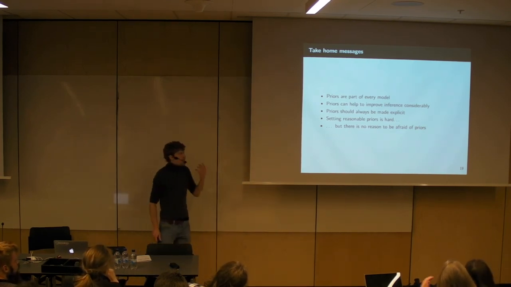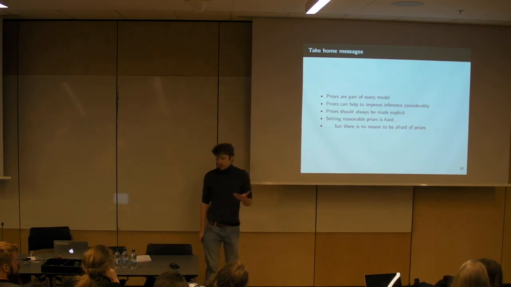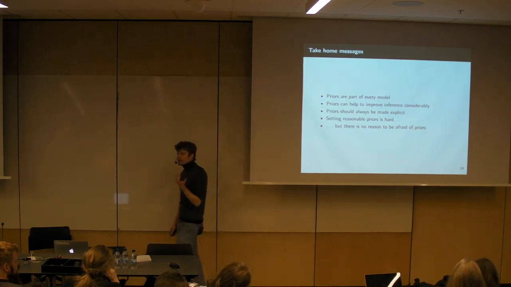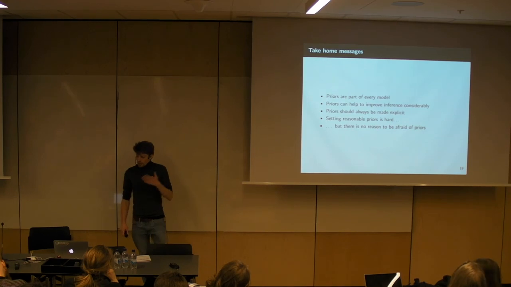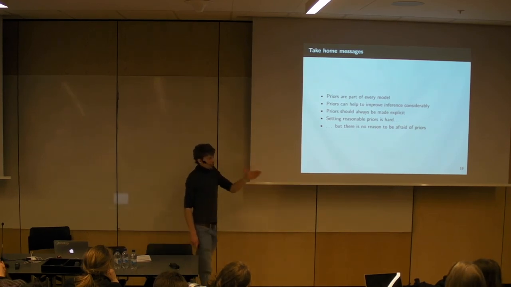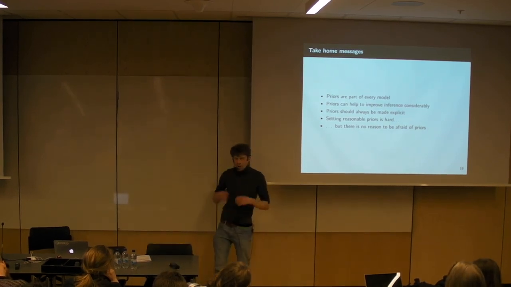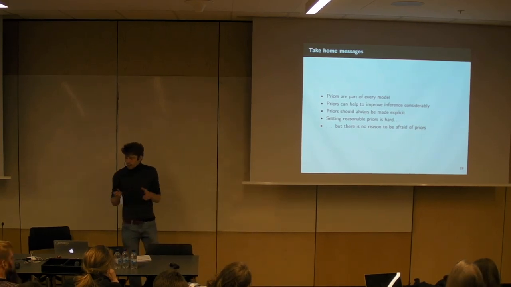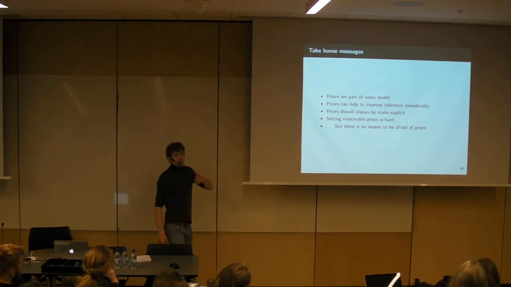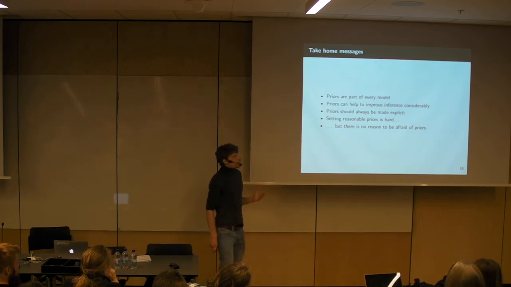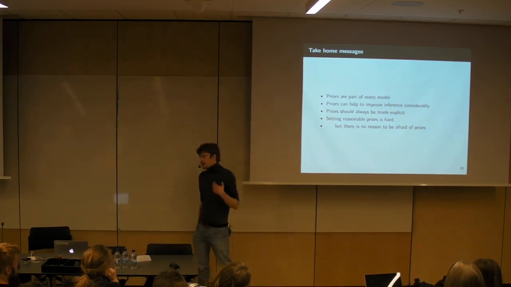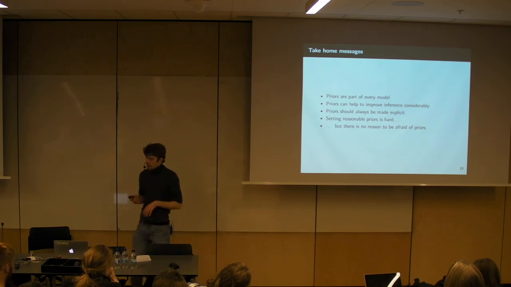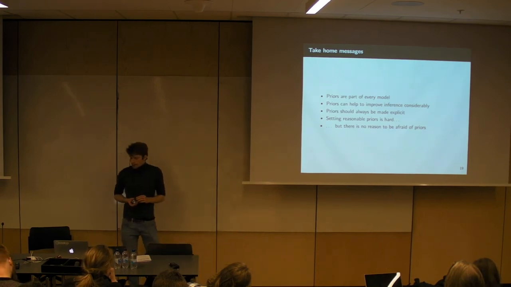And we should always make priors explicit, telling what priors we use. I mean, if we use the default priors of whatever package in version 2.0 or whatever, that's okay-ish if you're not too familiar with priors and the internals of the package. But as soon as you're using informative priors, you should make them explicit so that people can understand and criticize you for those priors.